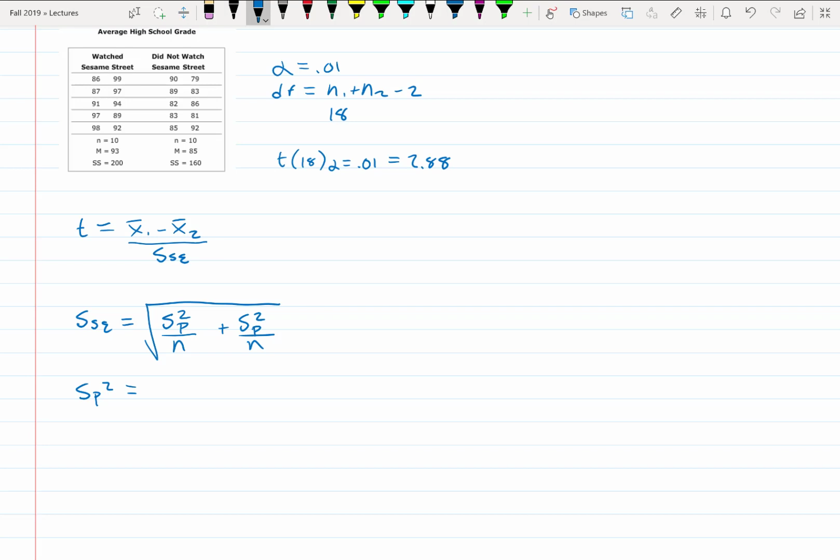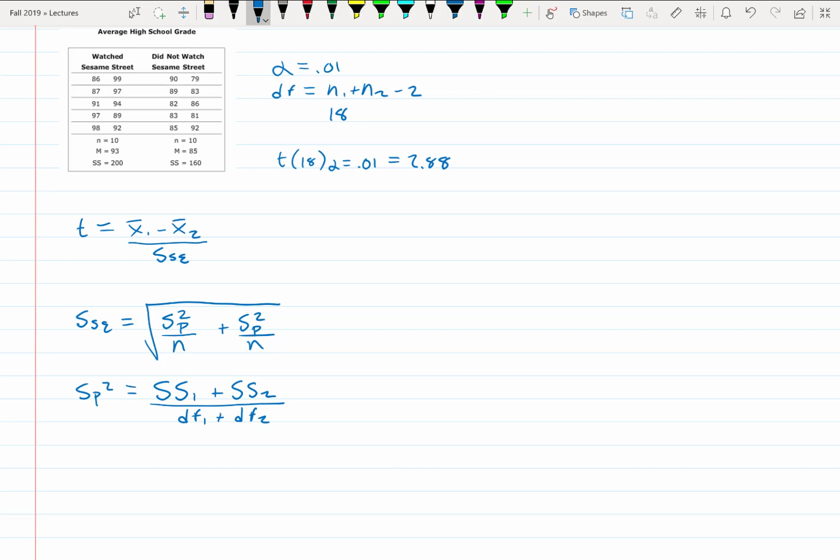Pooled variance is equal to the sum of squares for the first sample plus the sum of squares for the second sample, divided by the degrees of freedom for the first sample plus the degrees of freedom for the second sample. Do we have this? Yes, we do. We have our sum of squares, so we can get started on the problem.